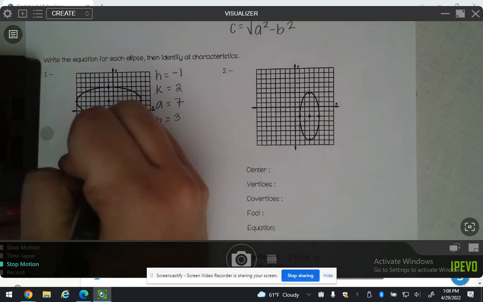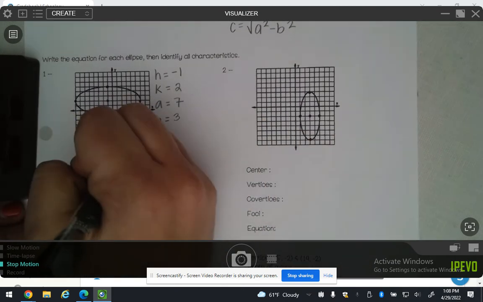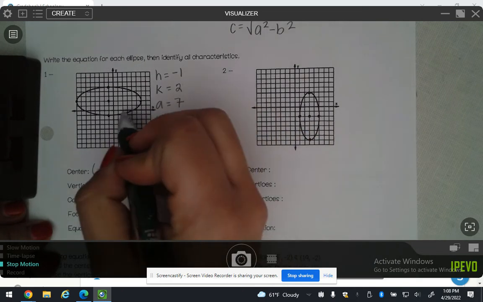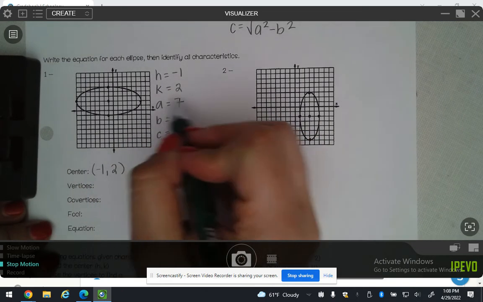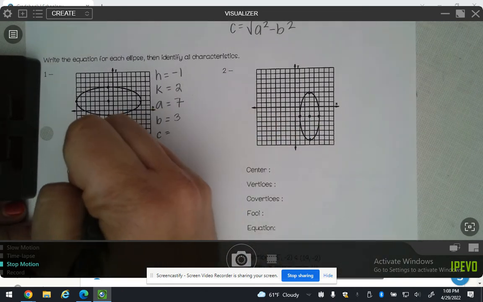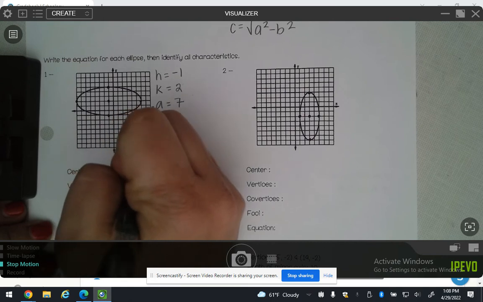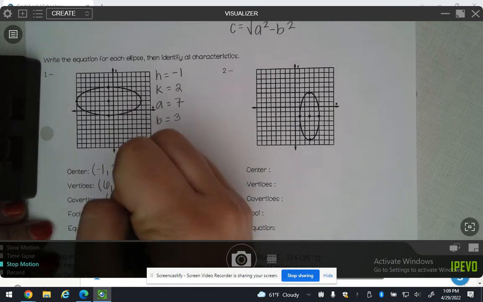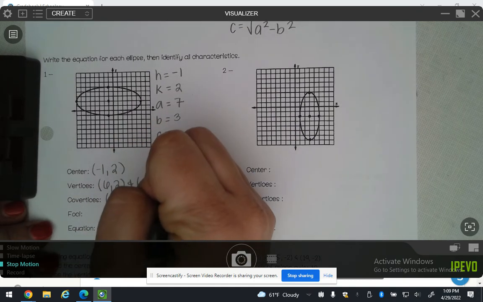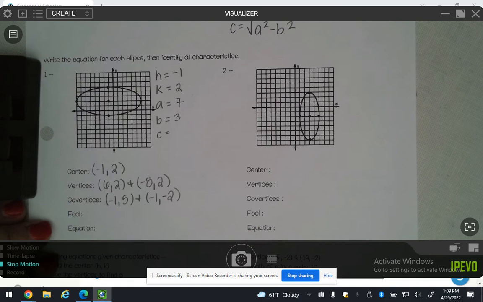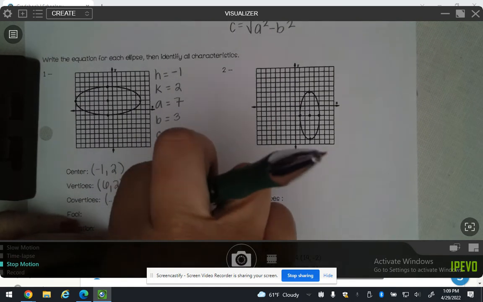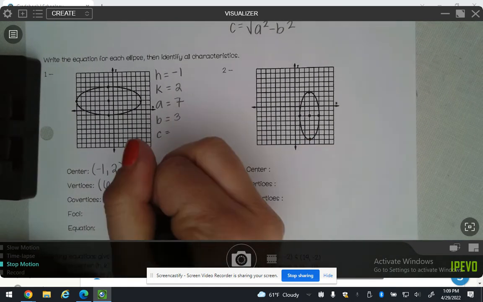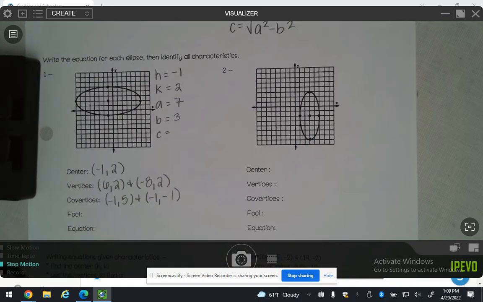Okay, so I know my center is -1, 2. I know my vertices, you can either get them off the graph or add them. So that's 6, 2 and -8, 2. My covertices are -1, 5 and -1, -1. How do I find C?